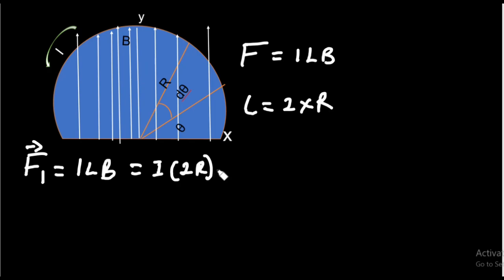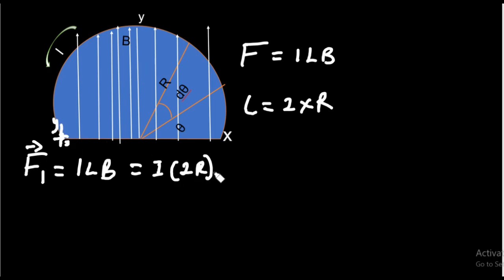Of course, we can decide to look at this problem from this angle. If we take our point here, this is Y and this is X, this will be positive X and this will be positive Y. So we can say that this is i and this is j.